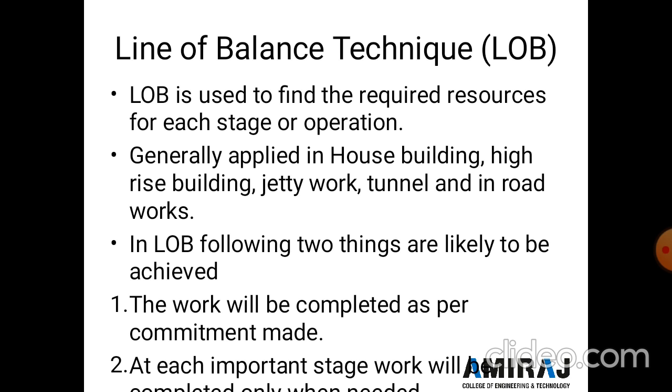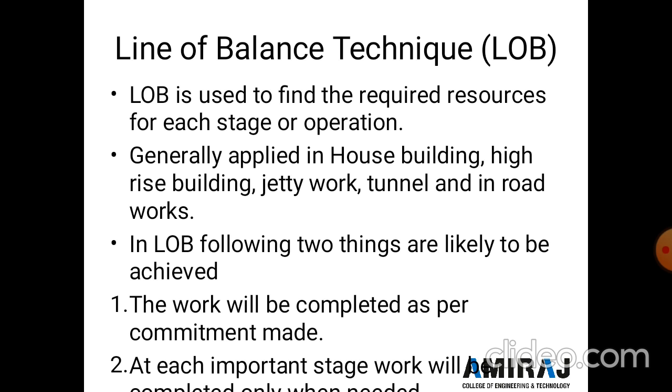When LOB is used, two things are likely to be achieved: first, the work will be completed as per the commitment made, and second, at each important stage, work will be completed only when needed. These two things are necessarily achieved.